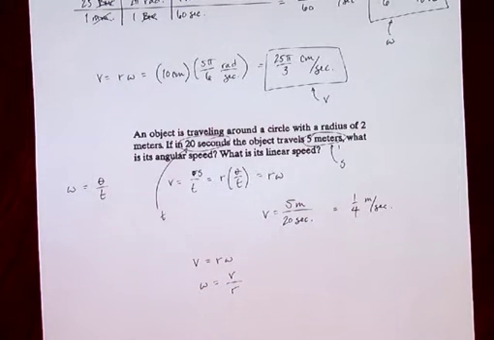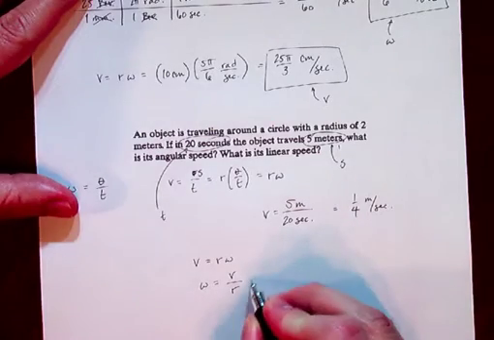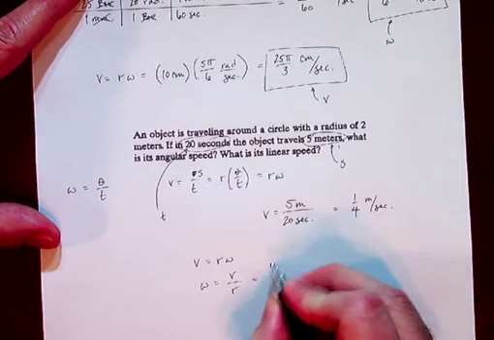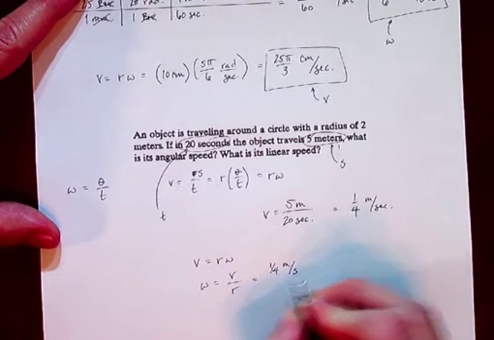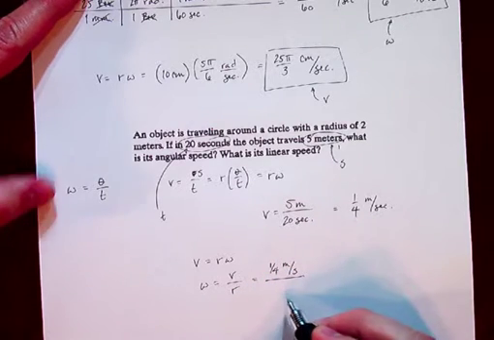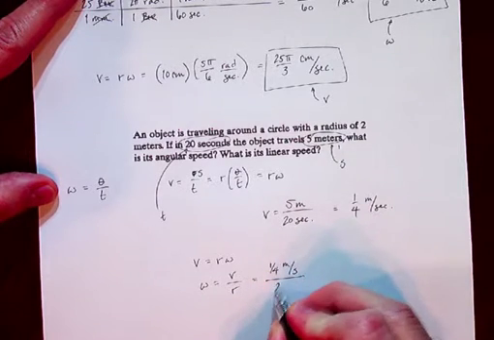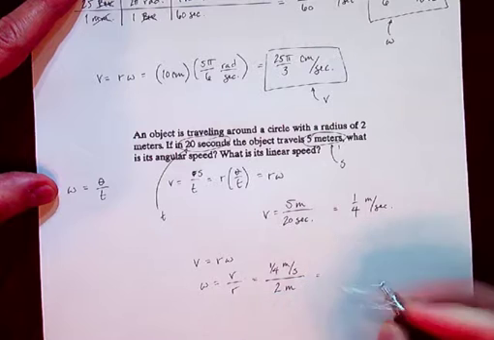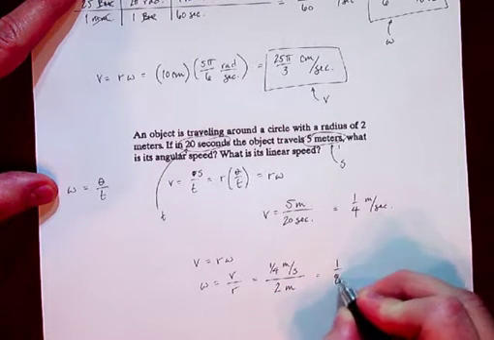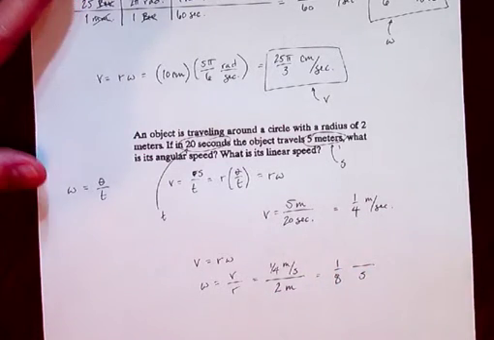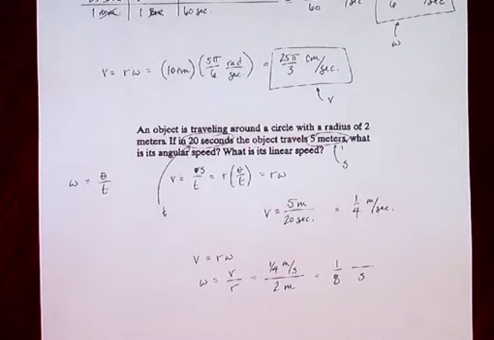To get omega by itself, we just divide both sides by r, right? And so in this case, we have v as 1/4 meters per second, and we're going to divide it by 2 meters. That gives us 1/8 blank per second.